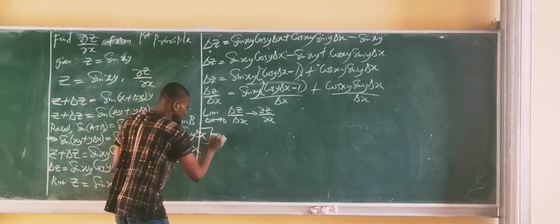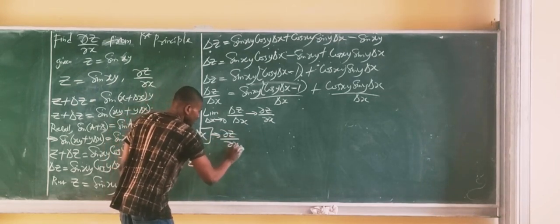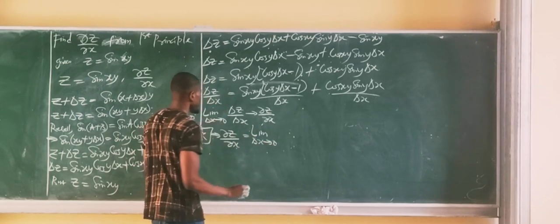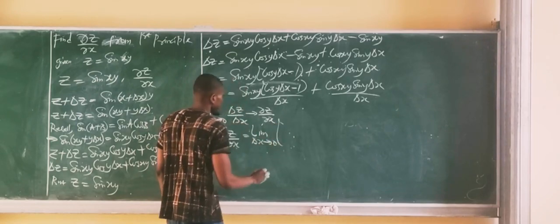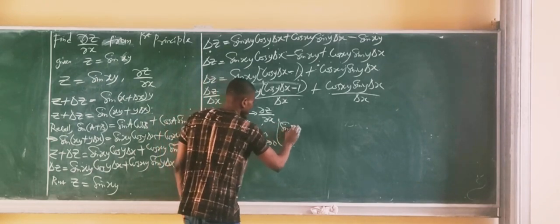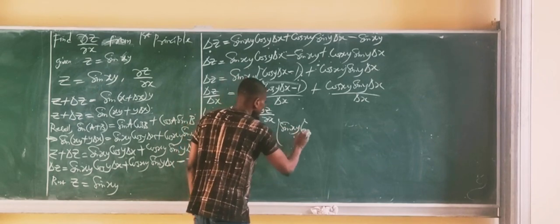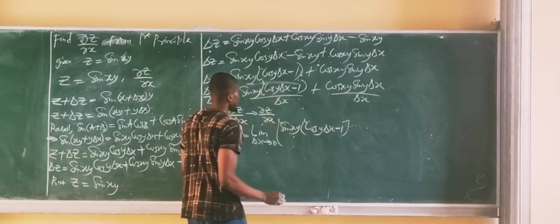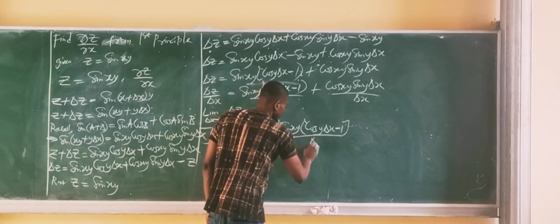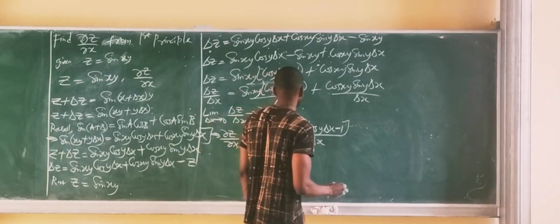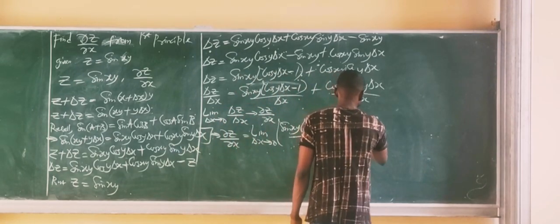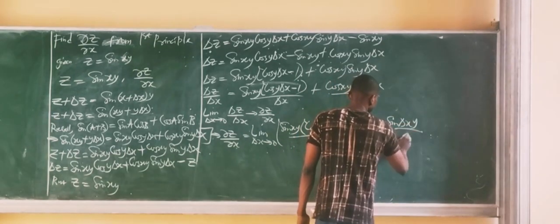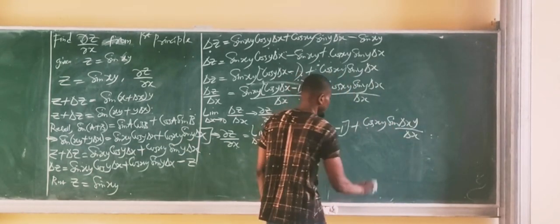So that means partial z, partial x is the limit as change in x tends to 0 of the entire function: sine xy into (cos (y change in x) minus 1) all over change in x, plus cos xy sine (y change in x) all over change in x.